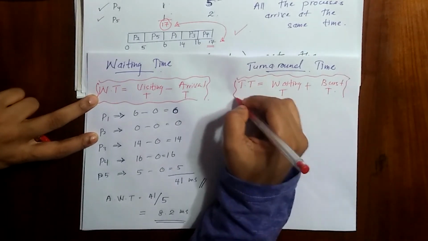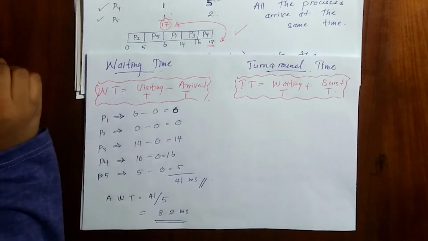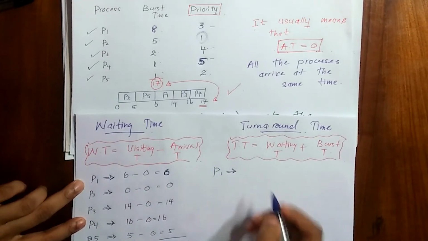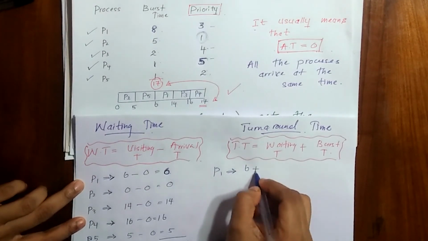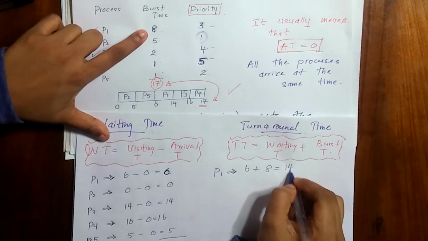So you have to keep these equations in your mind to solve this. Let's start with P1. It is 6 plus 8, which becomes 14.